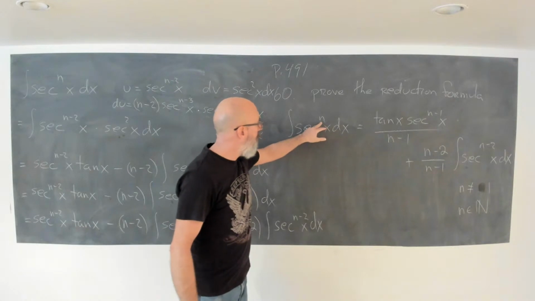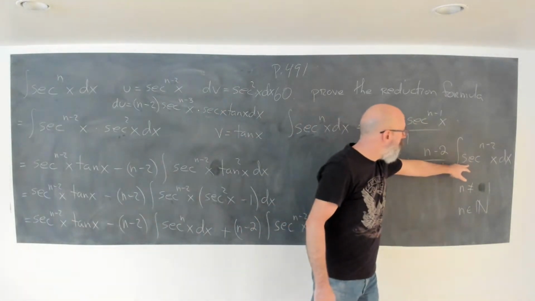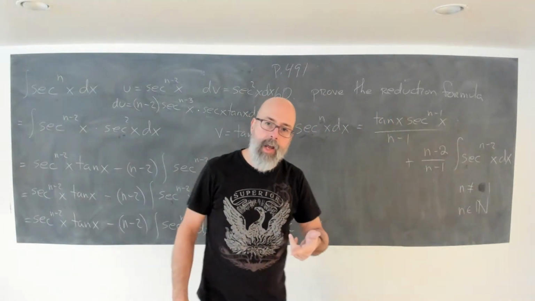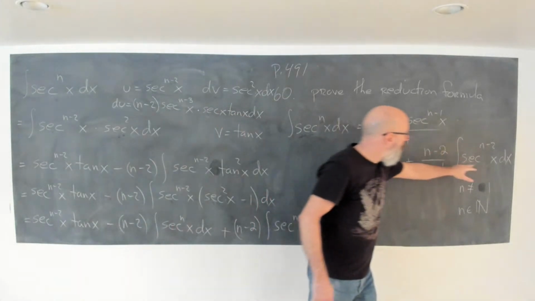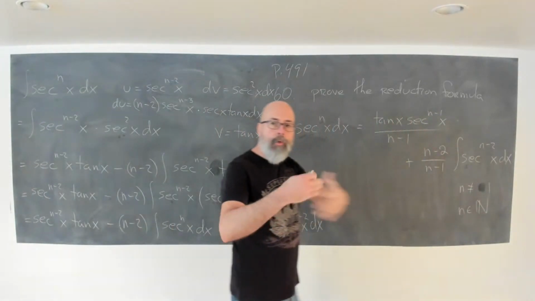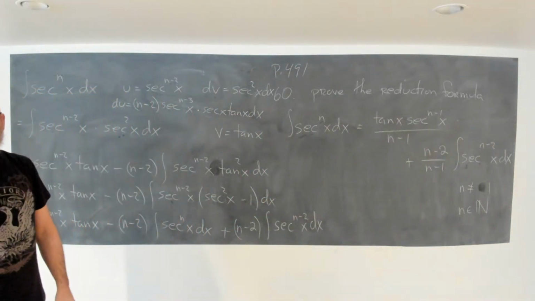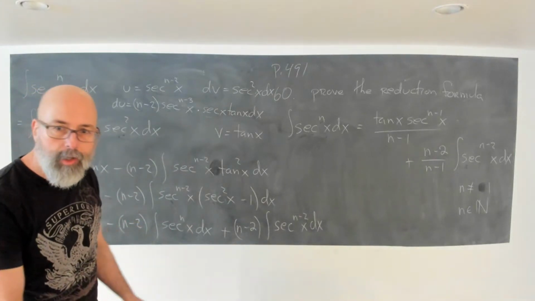So you see, if you had secant to the 100, you could use this, and then you'd have the integral of secant to the 98. But you could apply that again, the integral of secant to the 98, to get secant to the 96. So the powers are going down until you get to 0, or 1, or something that you can integrate.